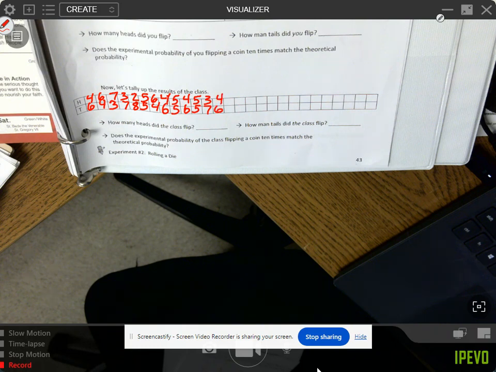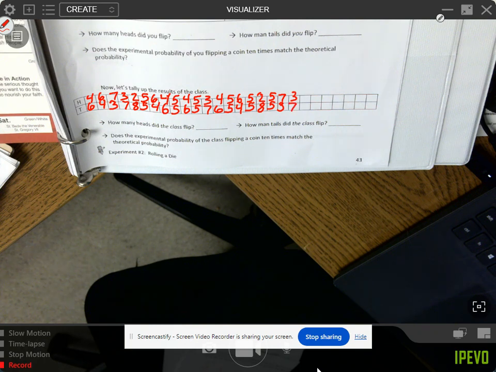Cam. 5 heads, 5 tails. Ava. 6 heads, 4 tails. Ruby. 5 heads, 5 tails. Zelda. 2 heads, 8 tails. Lilia. 5 heads, 5 tails. Hannah Mae. 7 heads, 3 tails. Liv. 3 heads, 7 tails.